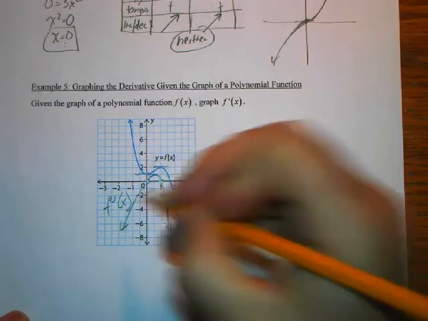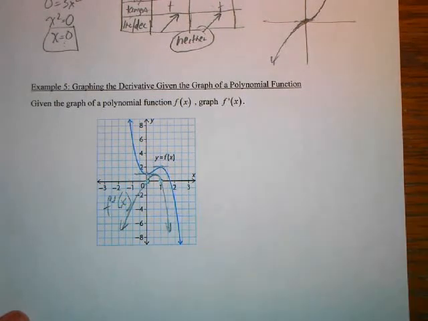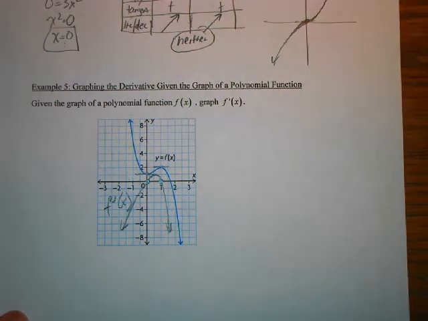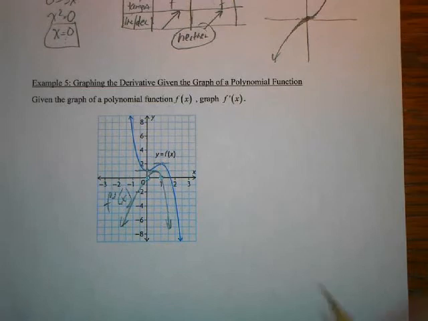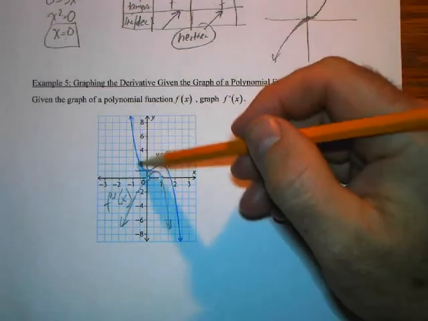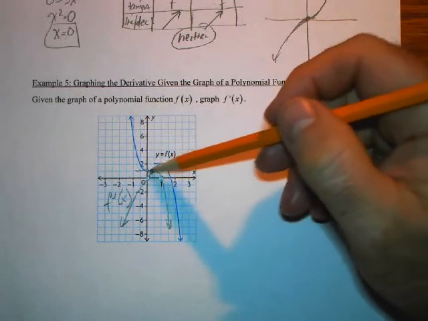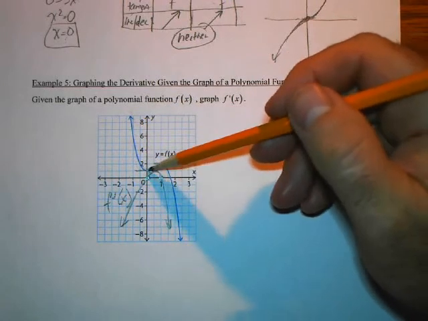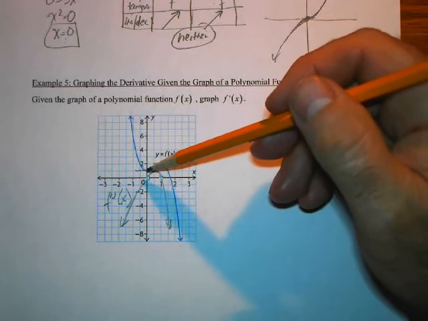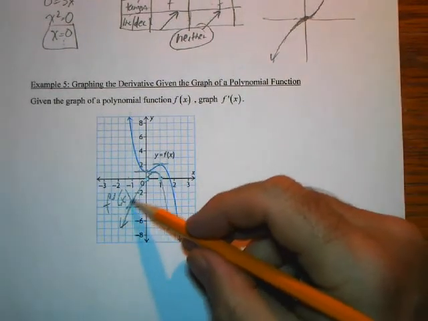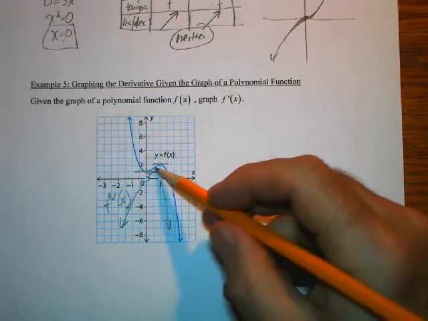F prime of x is what I just drew in there. You can tell that this original function looks pretty close to a cubic based on what you learned from advanced functions. So the derivative function would be a quadratic because you're lowering the degree by 1. So the fact that our graph looks like that makes sense.